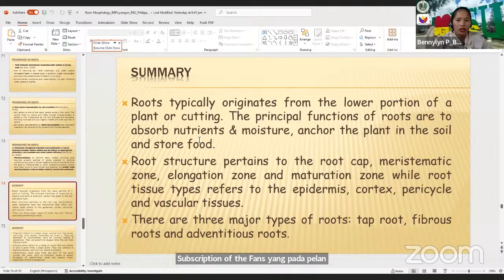For the root structure, it pertains to the root cap, meristematic zone, elongation zone, and maturation zone, while the root tissue types refer to the epidermis, cortex, pericycle, and vascular tissues. There are also the three major types of roots: the taproot, fibrous roots, and the adventitious roots.